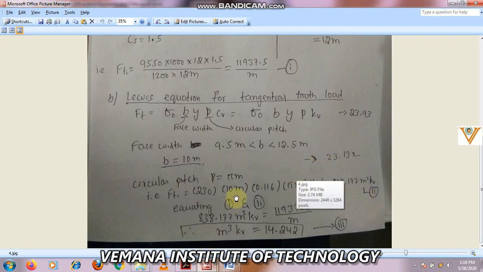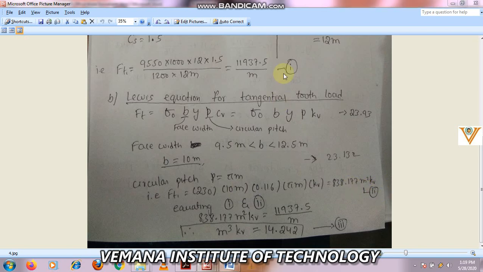And next is circular pitch, that is pi m. CV or KV, you can take either, but the same thing. We can solve this KV in a further step. Substitute all the values into this equation and we get the values in terms of module and KV, m square into KV. Take it as equation number 2.